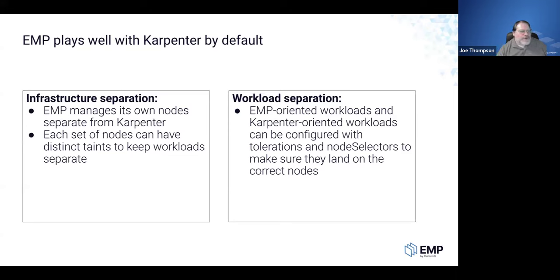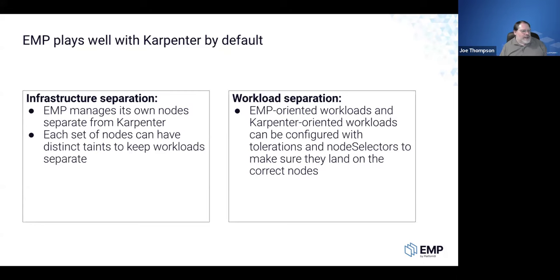And you can keep those workloads separate by, like I mentioned before, using taints and tolerations. In fact, by default, EMP configures a taint on all the nodes that it provisions, all the EVMs that it provisions and registers. So by default, your workloads will not migrate to EVMs until you alter them to add that toleration.